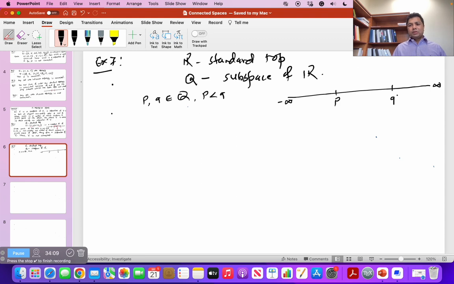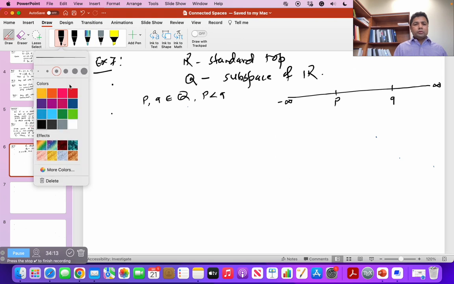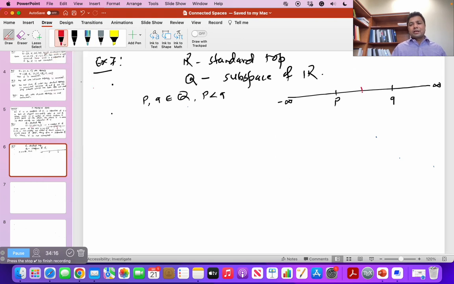Since p and q are two rational numbers, between two rational numbers you can always find an irrational number. Let's call that irrational number r.